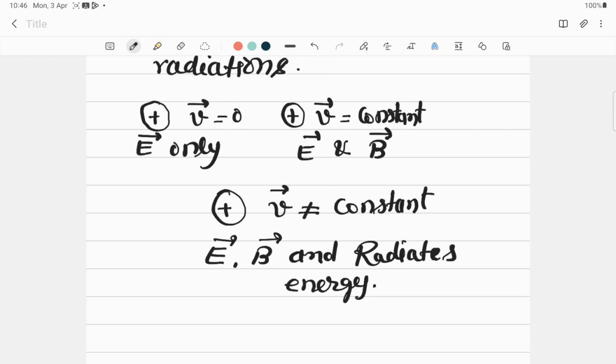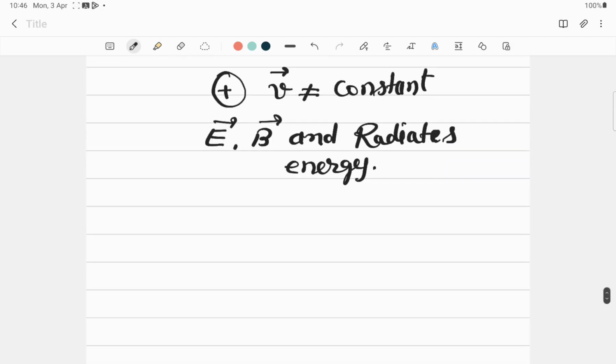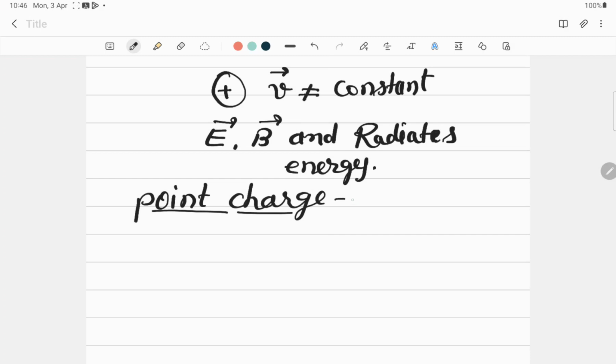Okay, so now point charge. What is a point charge? A finite size body may behave like a point charge. A point charge, point means what? Point is something which does not have any shape or size. That is called a point geometrically.